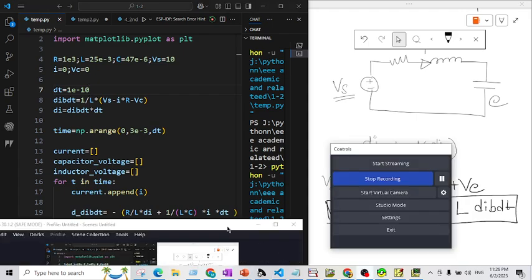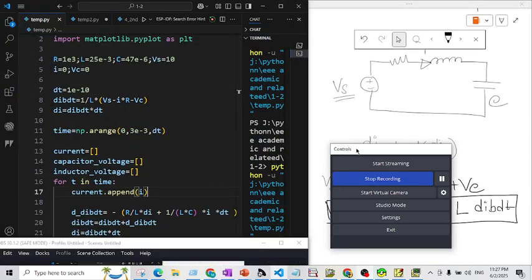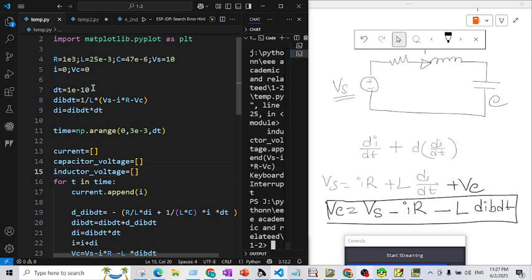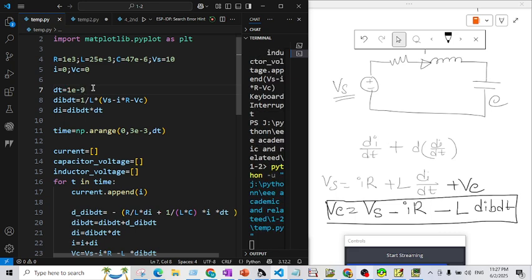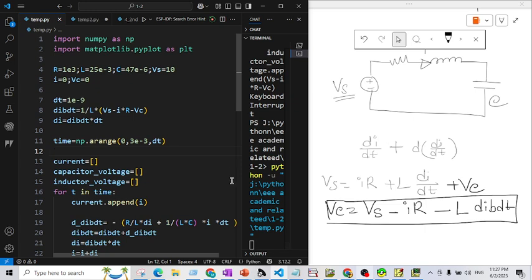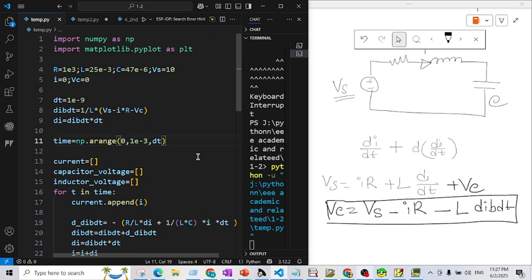It's not coming, so Ctrl C. Let's take 1e-9. Why is it not coming? Okay, let's reduce the time to 1 millisecond and see what happens.